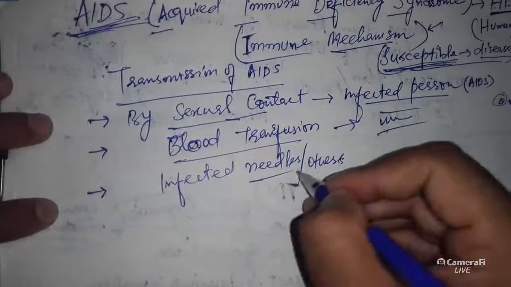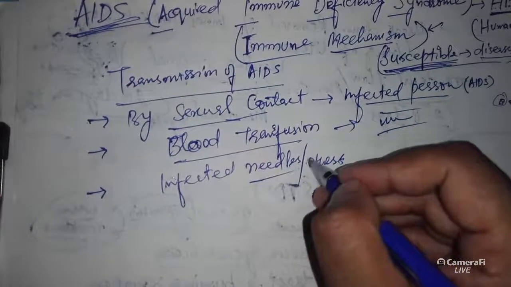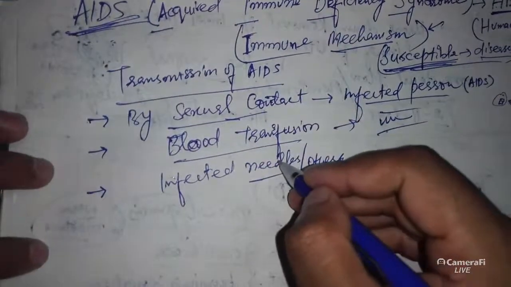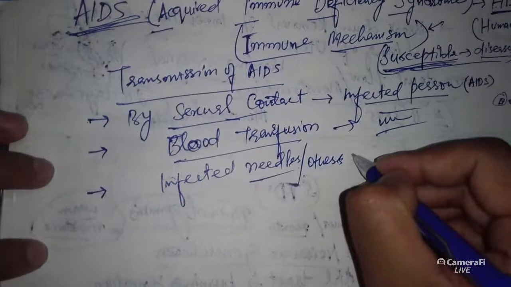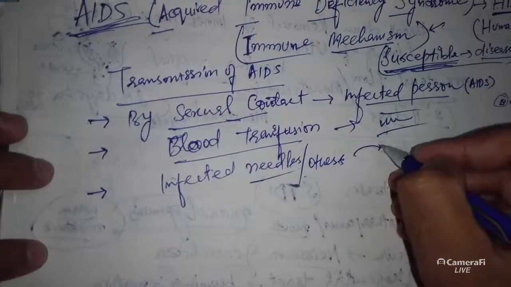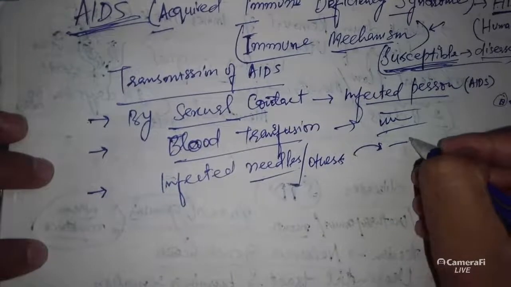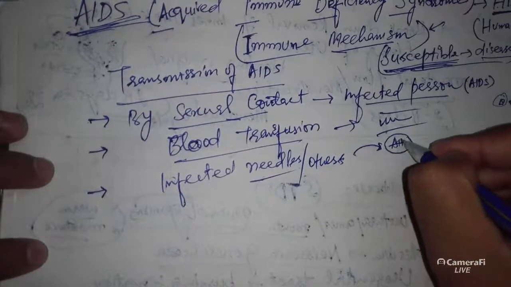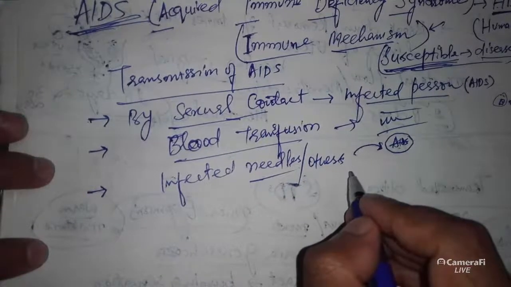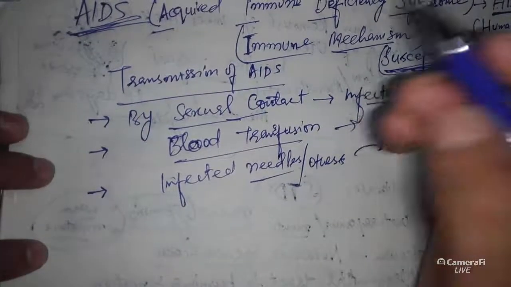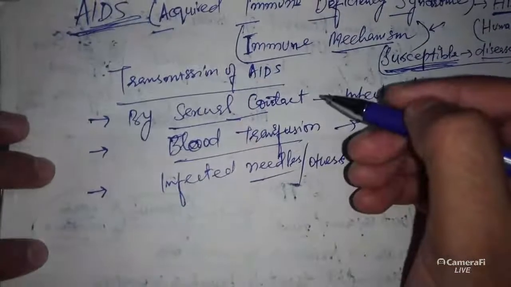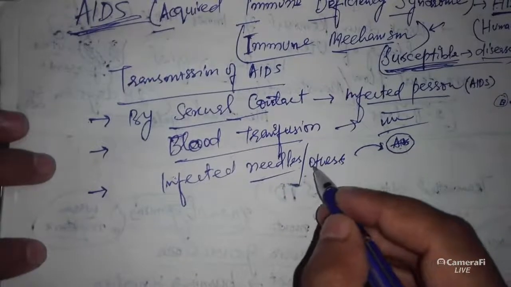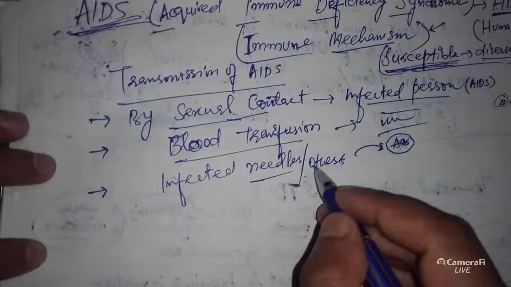The needles and other such utensils which have come in contact with the blood of the infected person, if reused with a healthy person, the healthy person gets infected with AIDS. For example, injecting with a needle, not sterilizing it and using the same needle for a healthy person will lead to infection of the healthy person.